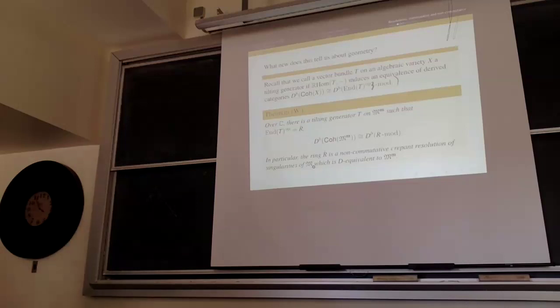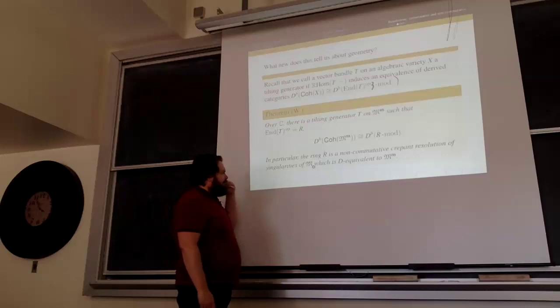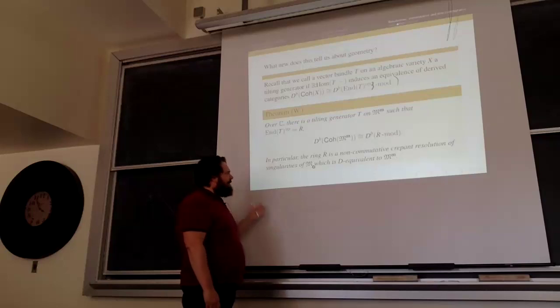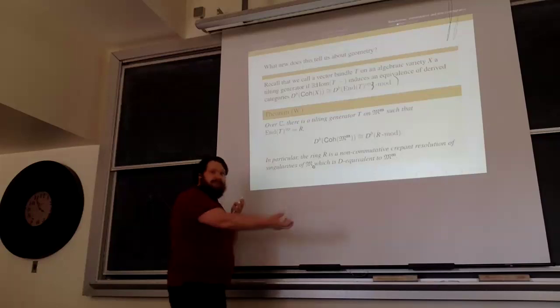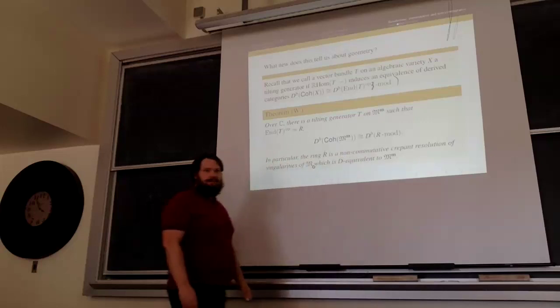When you say something is a non-commutative Crepant resolution, you give me like a map of rings, right? So what that means is, okay, there is a formal definition. The important thing is coherent sheaves on the thing you're resolving is a quotient category of this.